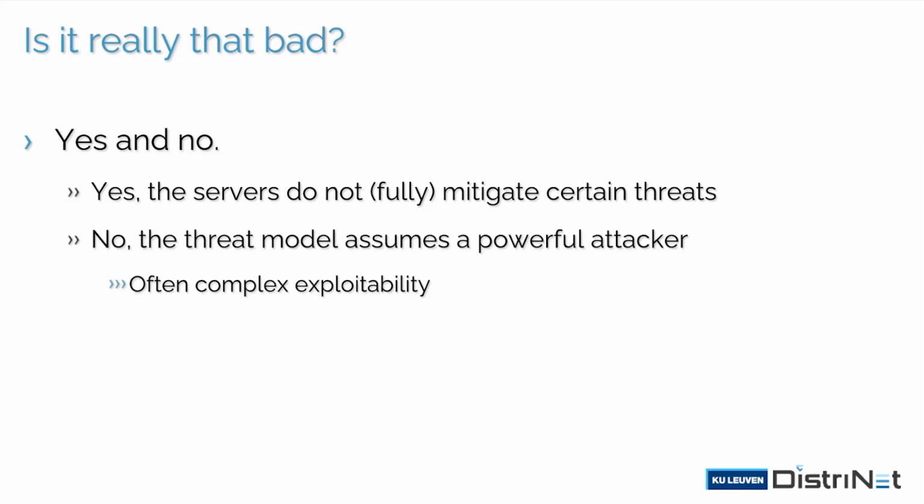But we must also put this in perspective, because if we look at the threat model, in particular the attacker model, it assumes that the attacker has unlimited resources and advanced capabilities. It can sniff networks, it can control multiple parties in the OAuth authorization protocol, so basically it's a threat model that protects against nation-state attackers, but real attackers simply don't have that capability.